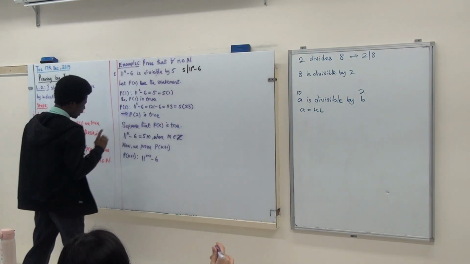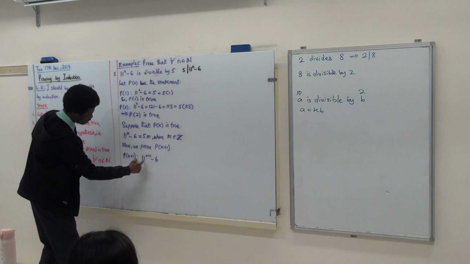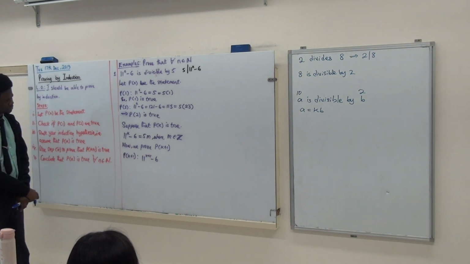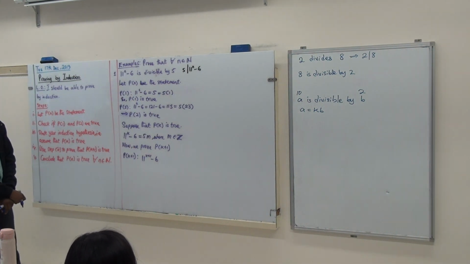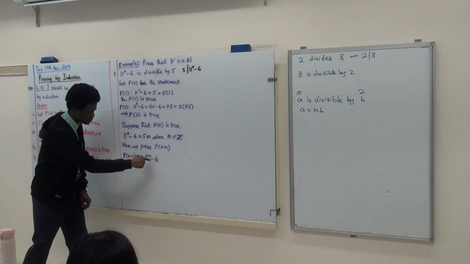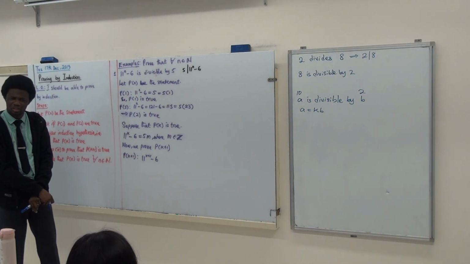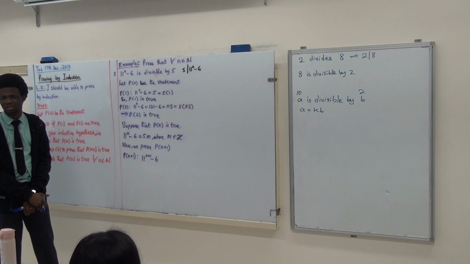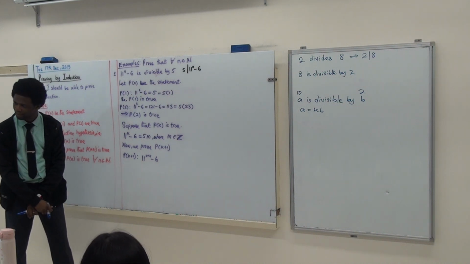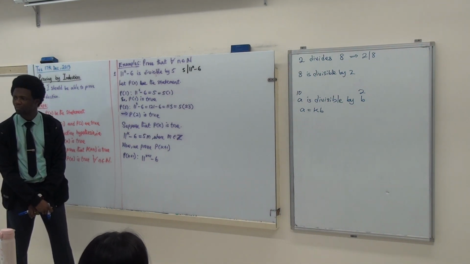So we need to think about how to do this. Is there something we can do to this? It doesn't look like a difference of two squares to factorize. Yes, make it 11 to the power of k times 11. Good.